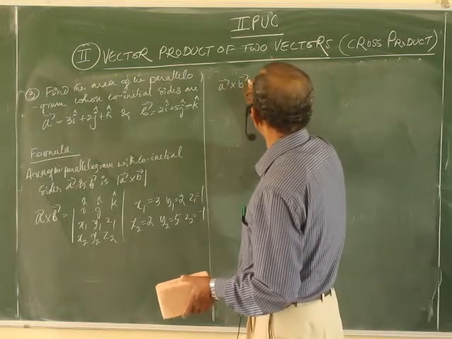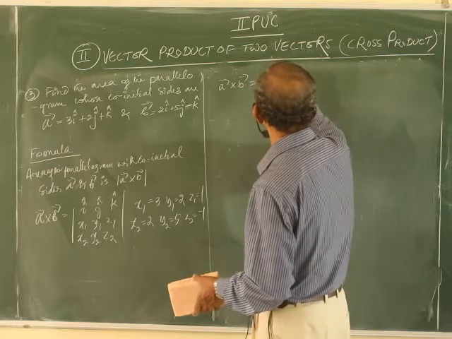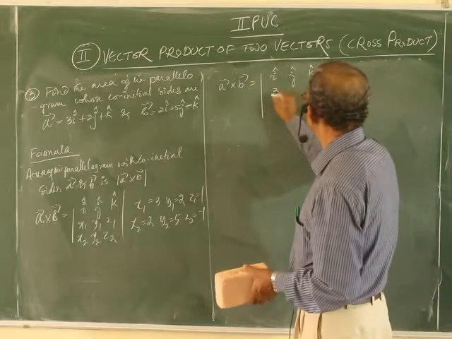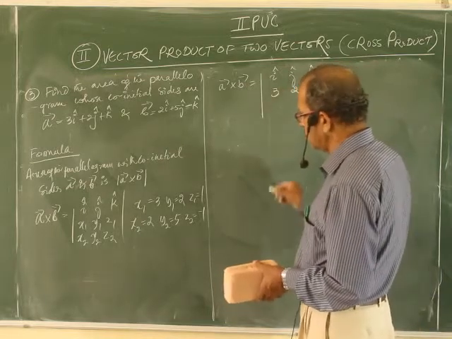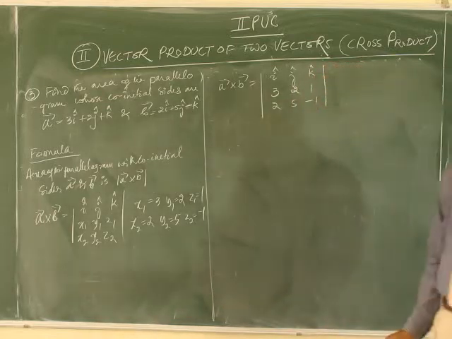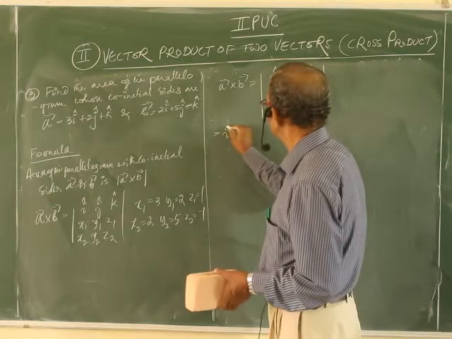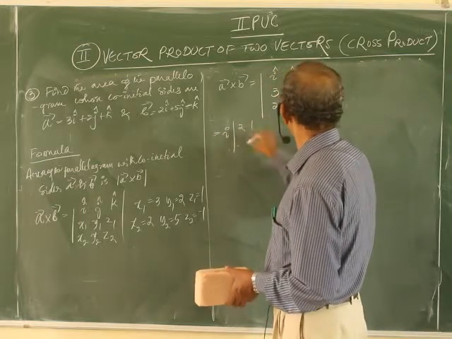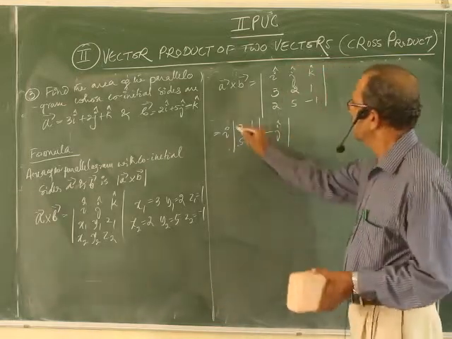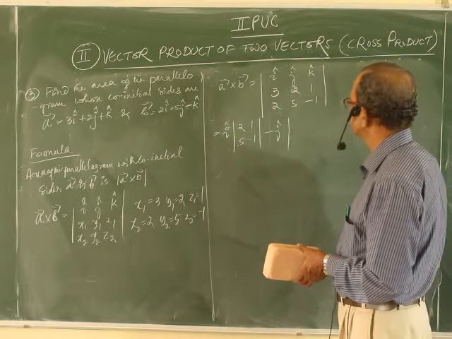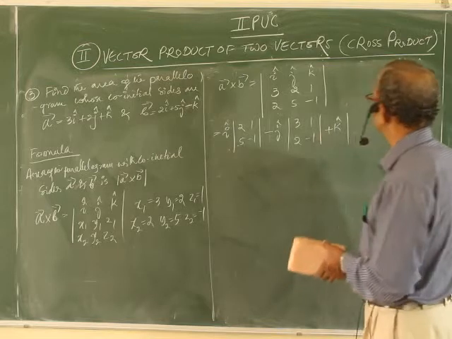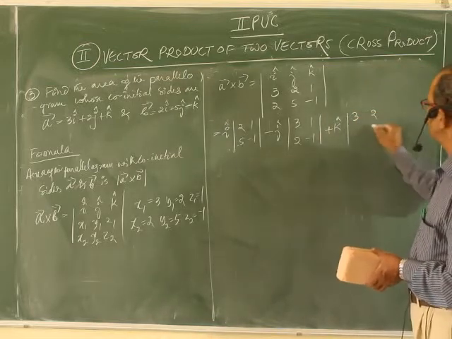A cross B equal to the determinant with I J K, 3 2 1, 2 5 minus 1. I into (2 into minus 1 minus 1 into 5), minus J into (3 into minus 1 minus 1 into 2), plus K into (3 into 5 minus 2 into 2).